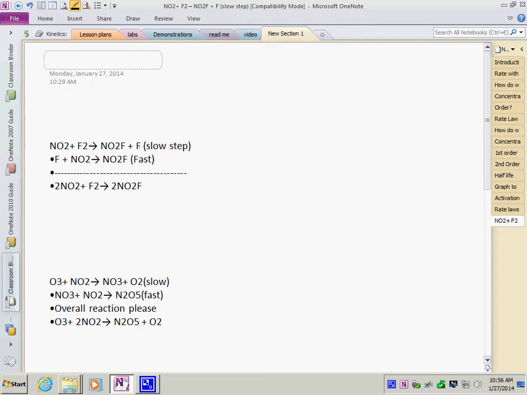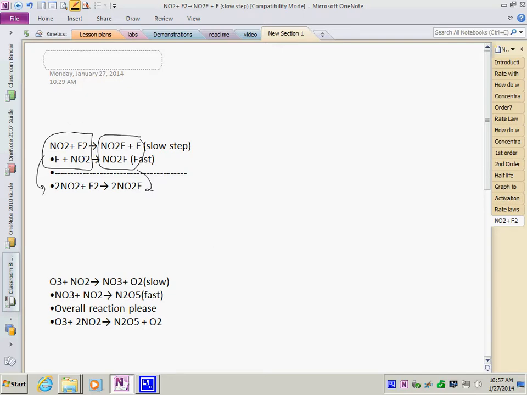Now, in this chemical reaction, I have NO plus F2 yields NO2 plus F, and that's called a slow step. And then we have F plus NO2 yields NO2F. So when I want to create my overall reaction, I take all of my reactants, put them over here, and take all of my products, put them over here, and cancel out things that are on both sides, because that happens.